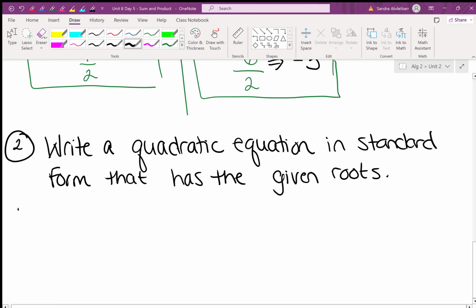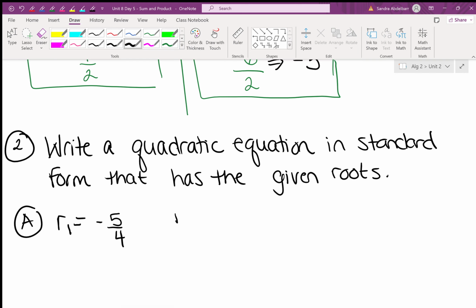All right, so the first one, we'll call this A. We have root 1 is negative 5/4, and root 2 is 16 over 5. Not 15, 16 over 5.